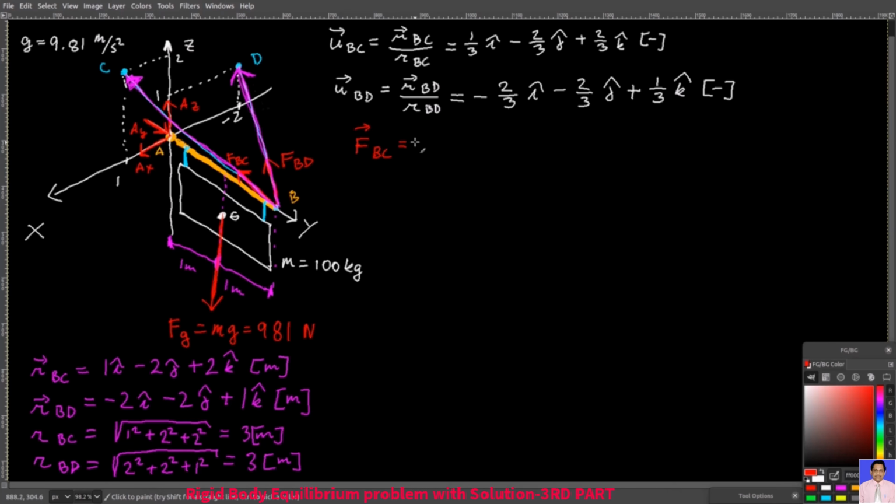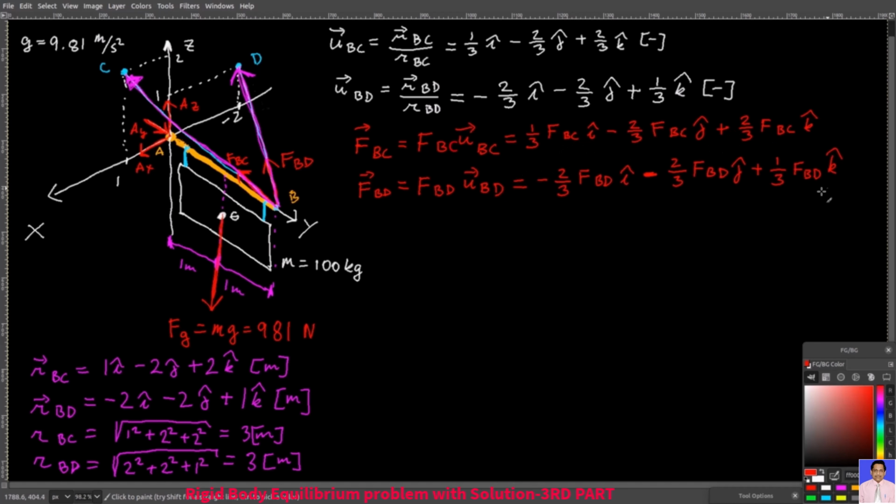Vector FBC equals the magnitude of FBC times the unit vector uBC, and then FBD equals the magnitude of FBD times the general unit vector in that same direction. This is the FBC vector, this is the FBD vector.